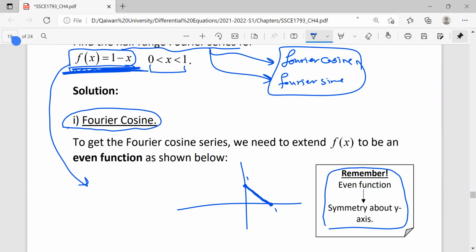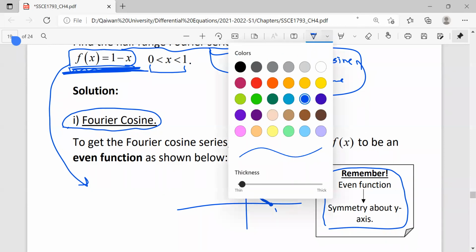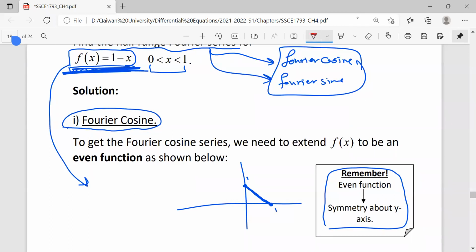If this function is an even function, it must be symmetric about the y-axis. So the other part of the graph must be like this. This is the symmetric part of that graph. Then it is an even function. So what is the function for this part?